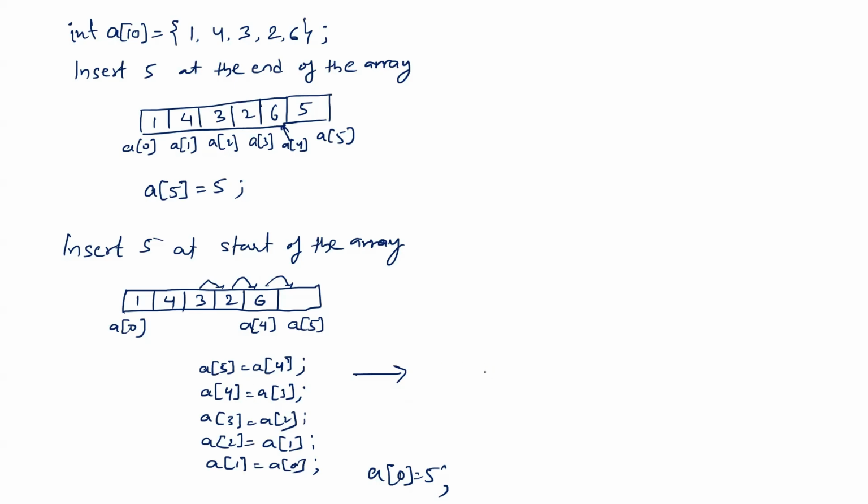Basically we are writing, let's suppose, A of I plus 1 is equal to A of I. And why am I writing I? Because I'm going to apply a loop here. Why? Because if we have, let's suppose, 100 numbers, we cannot write like this.